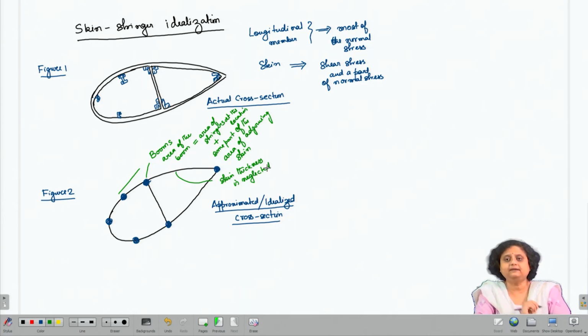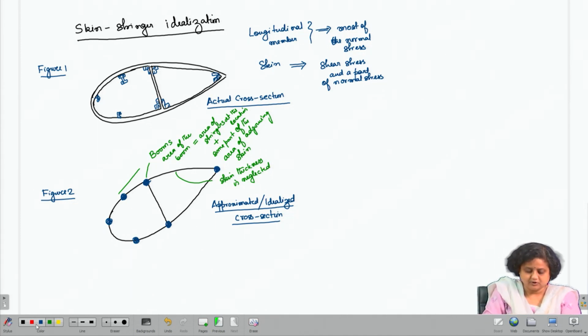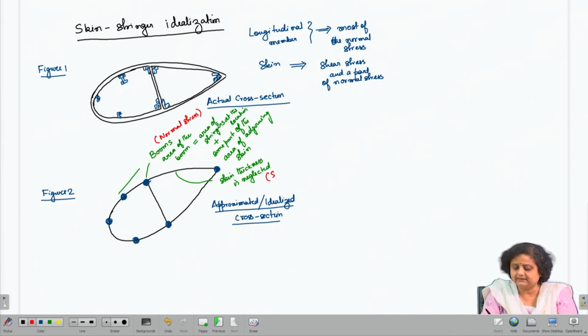And the skin is going to take the entire shear stress. So, if I summarize this, the boom is going to take the entire normal stress, whereas the skin is going to take the entire shear stress.